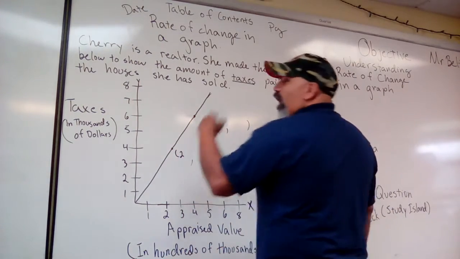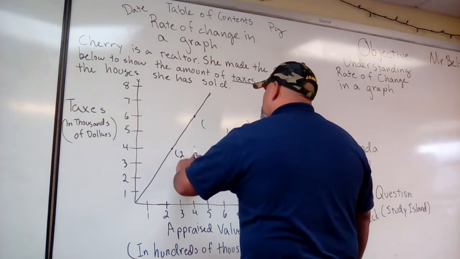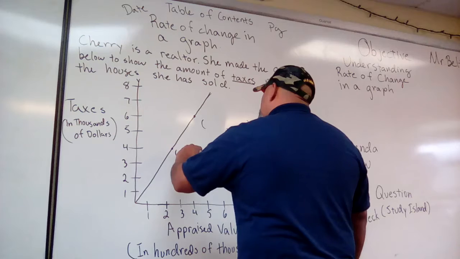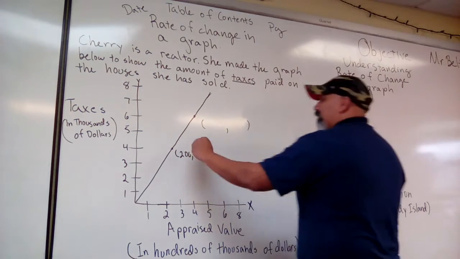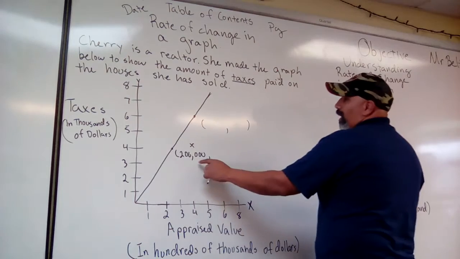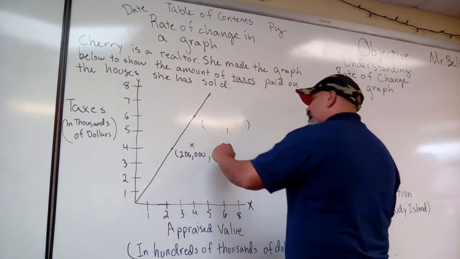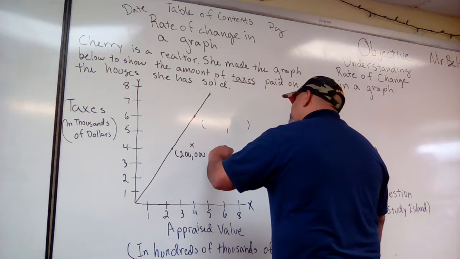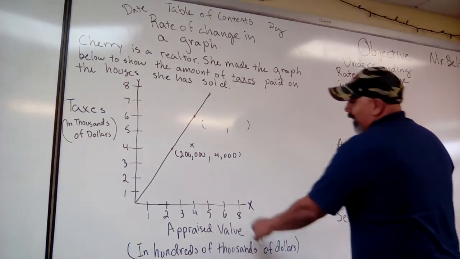So it'd be $200,000. $200,000, that's our X. And then we look at our Y. Our Y is not just 4, but it's in thousands of dollars. So we have $4,000. We have our X and our Y.